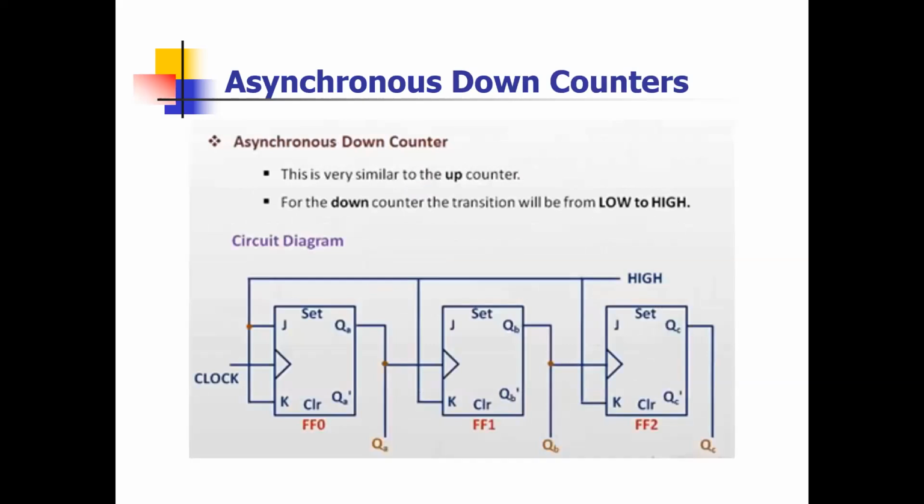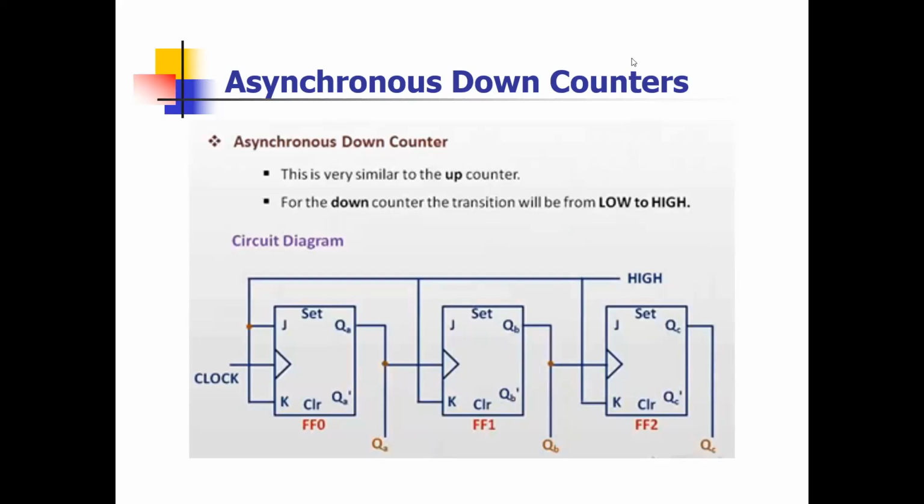Now, tell me, is this circuit up or down? Down counter. And how many states will it count? 8 states, from 7 to 0. You told me it is 7 down to 0.